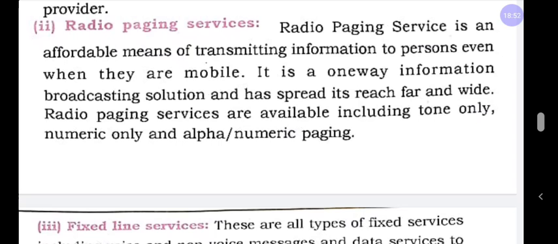It is just a one-way communication, and they change the tone or numeric value or alphanumeric value, that is the radio station channels. You have seen that they have the tune or the numeric only. Got it? It is called radio paging services.